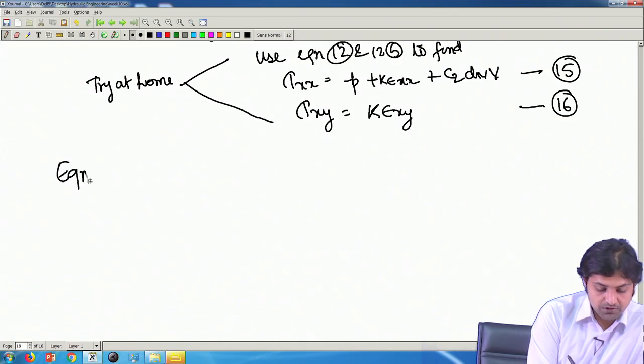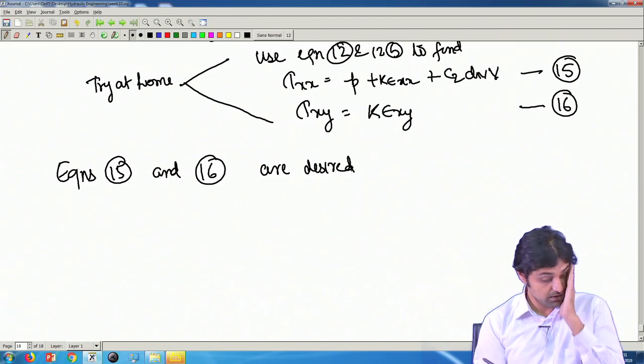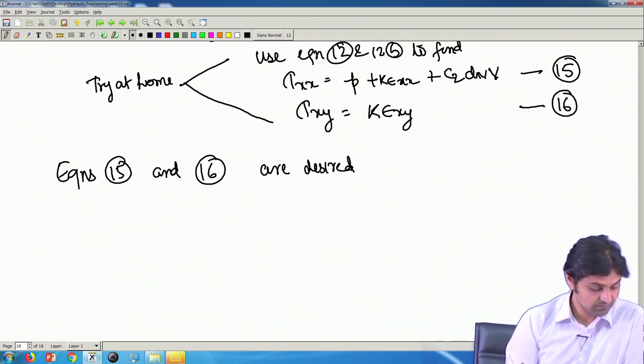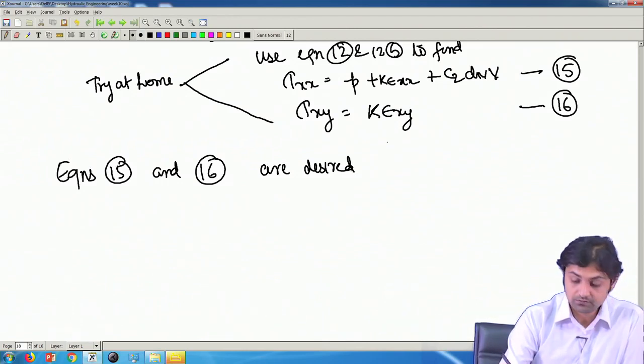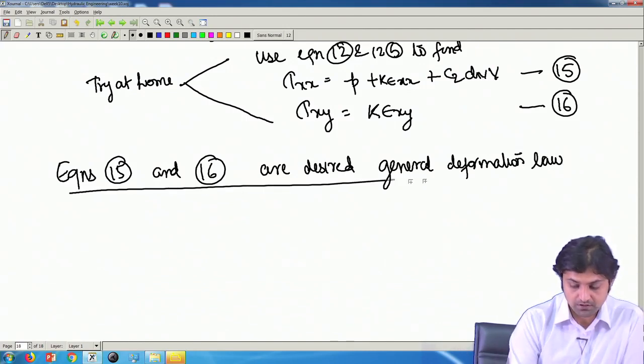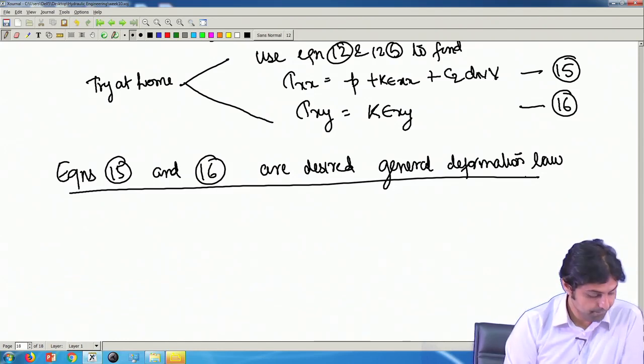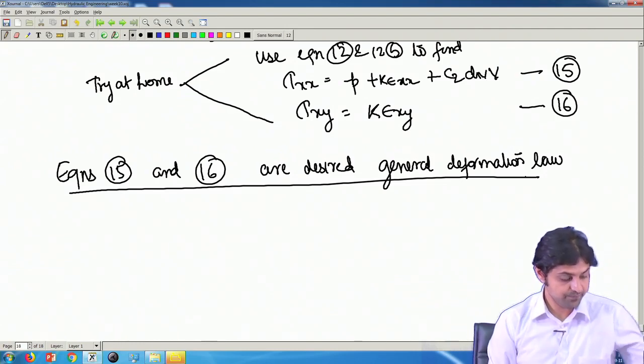So equations 15 and 16 are the desired general deformation law. Okay. All right.